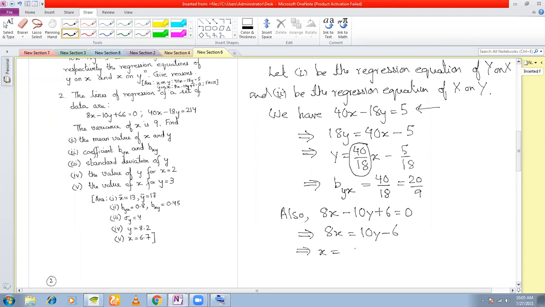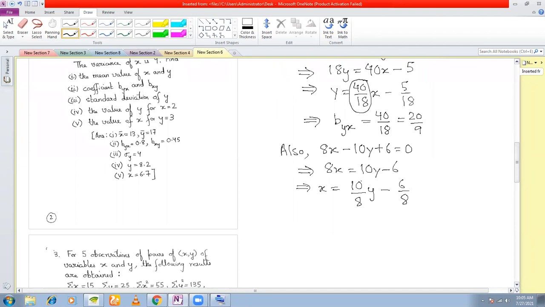This must be equal to 10 by 8 y minus 6 by 8. So see here again, this one must be a regression coefficient of x on y. That means bxy must be equal to 10 by 8. You can cancel this. You'll get this as 5 by 4.